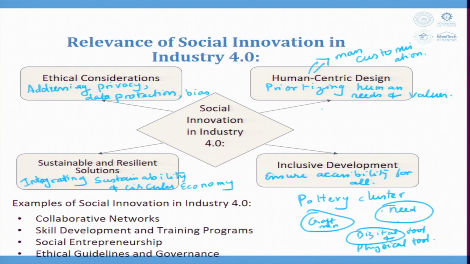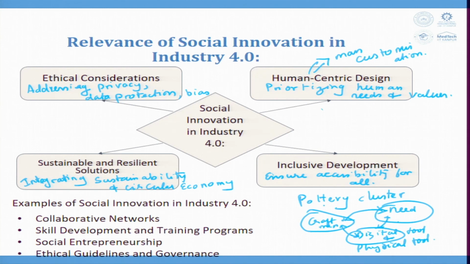So, the need comes to the craftsman, or it goes like this, from here it goes like this, and then from here to here also you have a connect. So, what this is saying is, by having a collaboration network between a craftsman, customer, digital tool and physical tool. The digital tool can be platforms for sale, and the physical tool can be understanding the customer need and developing tools which a craftsman can use such that he can improve productivity. So, there is a collaborative network, which is an example of social innovation in industry 4.0.